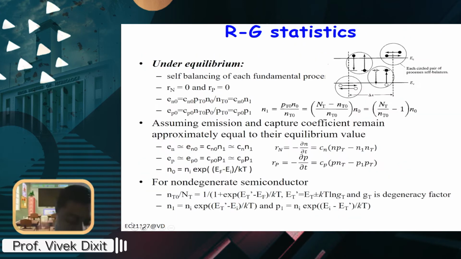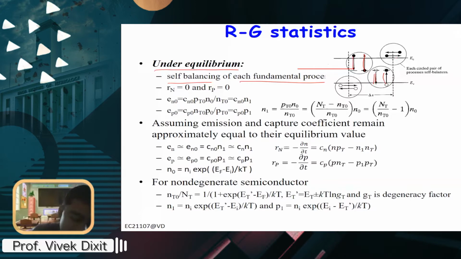Now let us see. I was talking to you in the discussion in the beginning about equilibrium. In equilibrium, each process self balances. So electron capture is equal to electron emission. Hole capture rate is equal to hole emission rate.